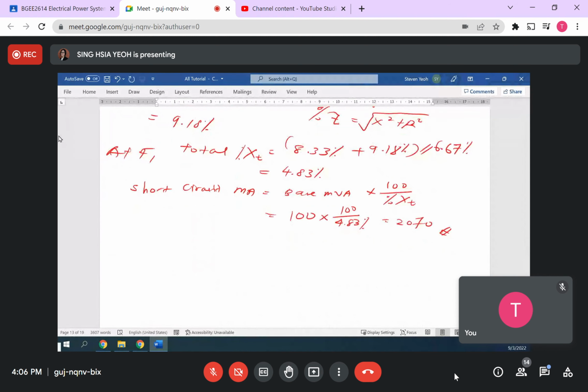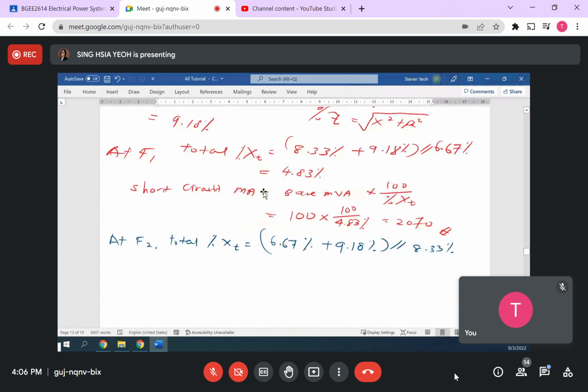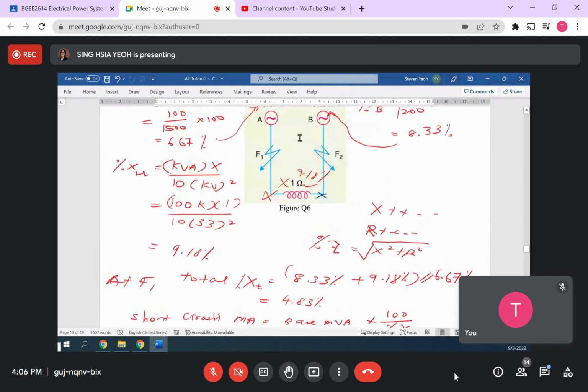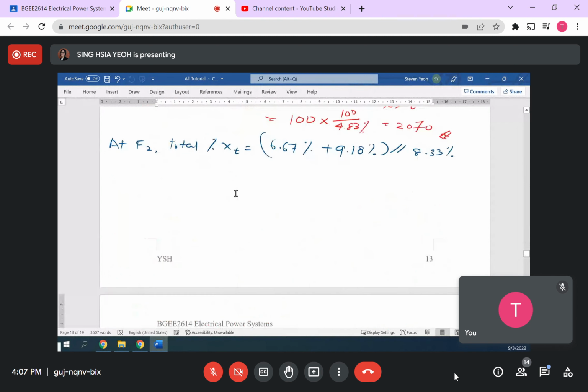So at F2, the total percent x equals 6.67% plus 9.18%, then parallel with the other side, 8.33%. Understand? So this one series, this one series, then now parallel with the 8.33 side.